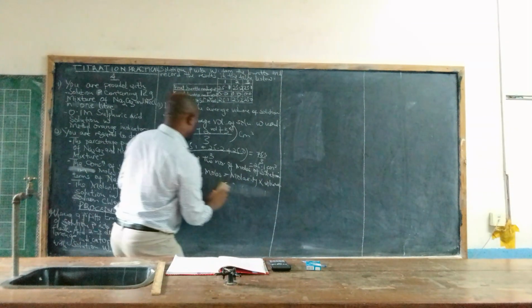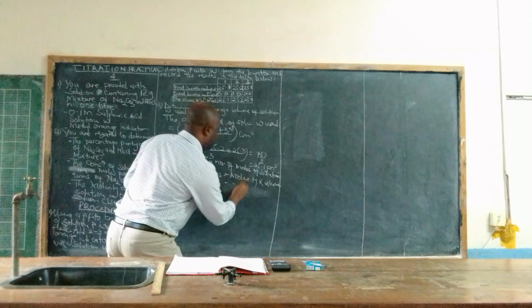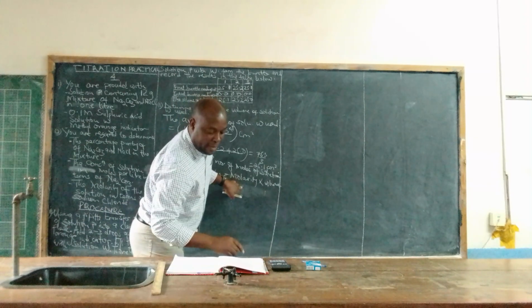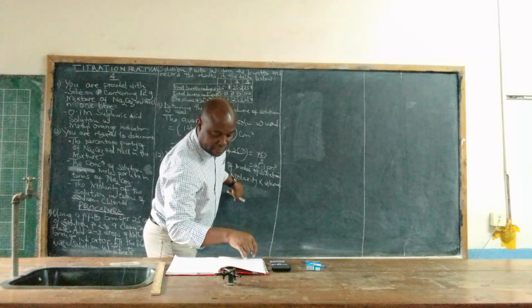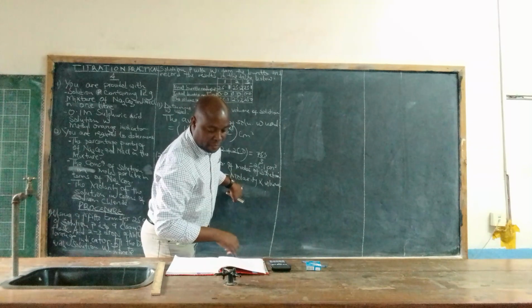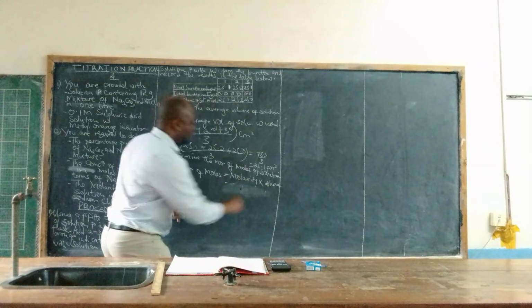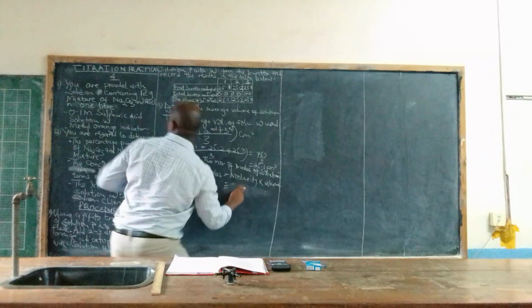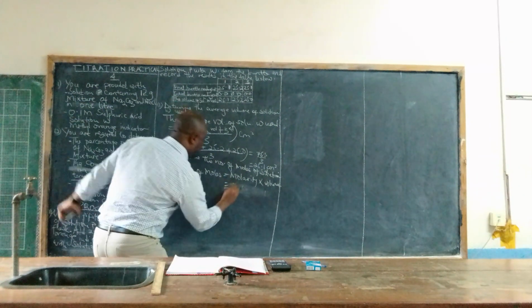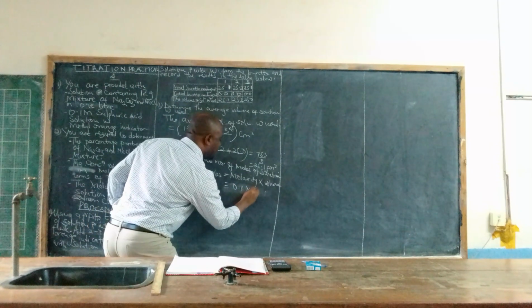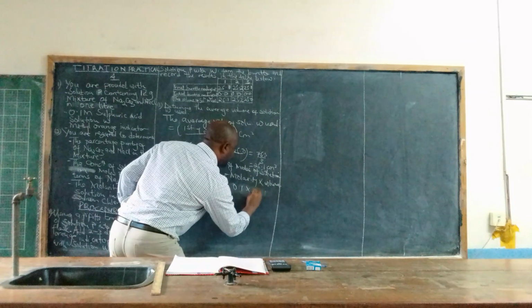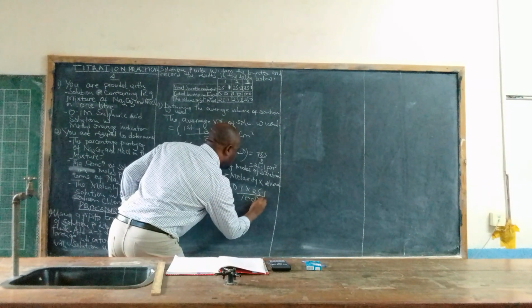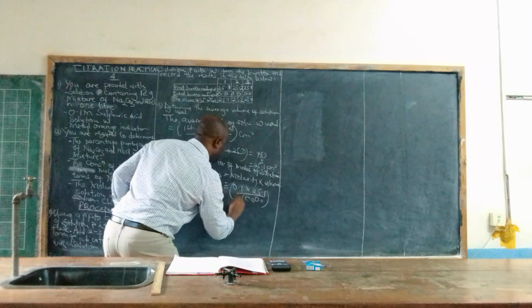So, the molarity 0.1 times 25.1, we divide by 1,000.